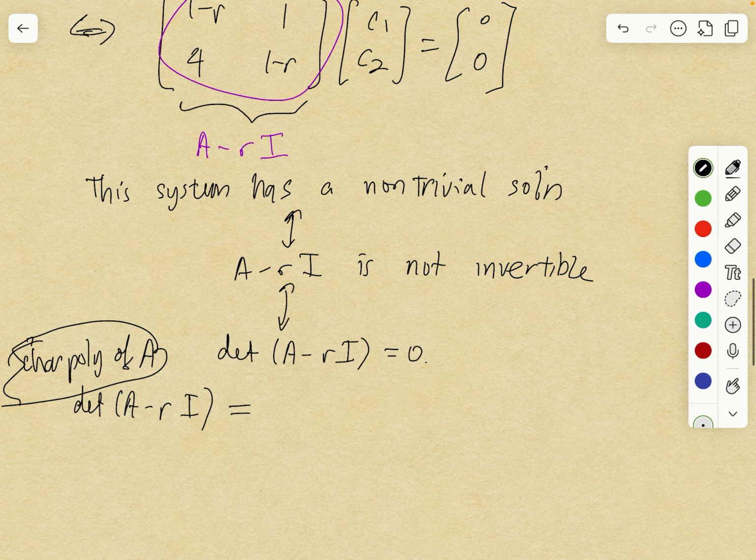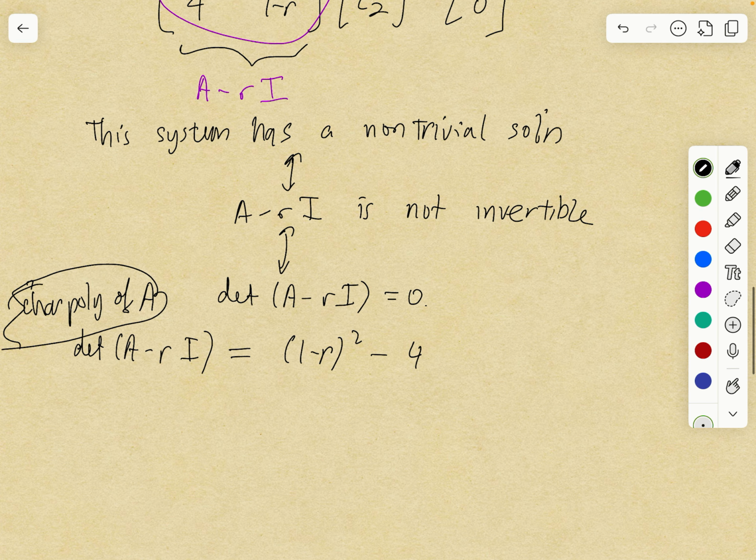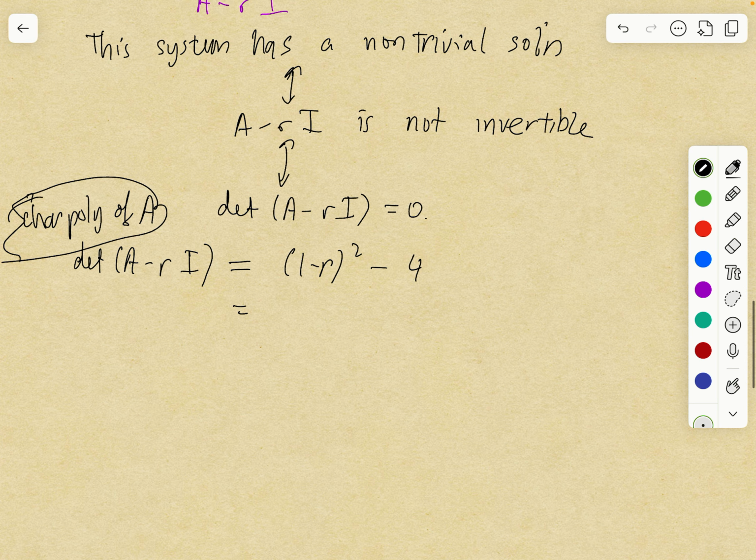So you just take the determinant, so it's 1 minus r squared minus 4 times 1. We set this equal to 0 to solve for r. We could move r to both sides and then take the square root of the equation, but I'm just going to expand it out. When you're calculating these characteristic polynomials, it helps to keep in mind that 1 minus r in parentheses squared is the same as r minus 1 parentheses squared.